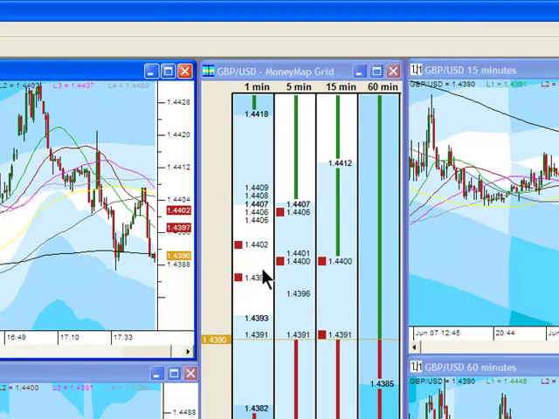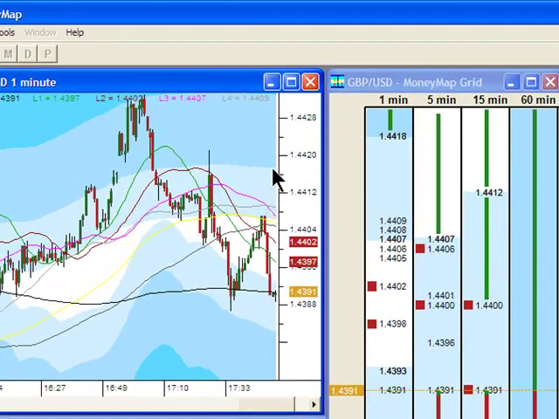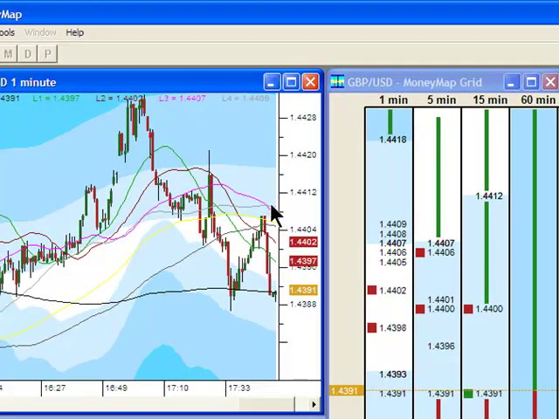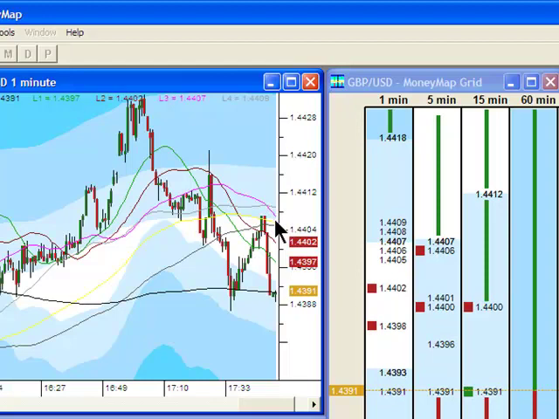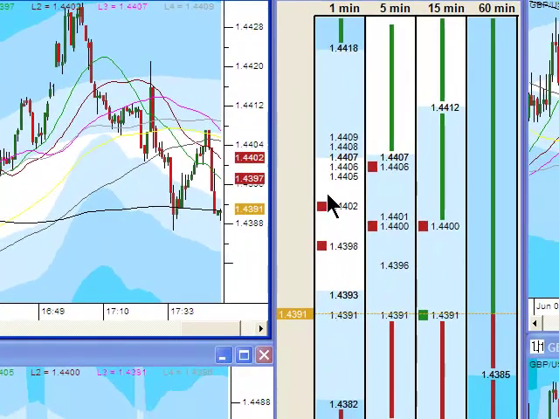So basically, when you're looking at these grids, it's like taking, if you look along this edge of the chart here, you see, okay, there's a band shade resistance, there's a band shade resistance, there's a line resistance, another line, a line, a line, a line. So what we're seeing is this right edge of the chart with all support and resistance laid out in the column.